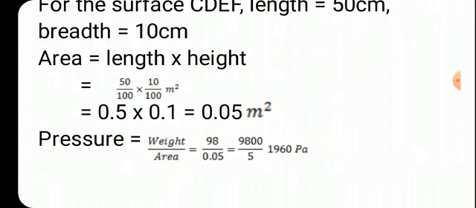Pressure is equal to weight upon area, 98 divided by 0.05. When the decimal point from denominator is removed, we will get numerator as 9800 divided by 5, and the answer comes as 1960 Pascal. So the pressure exerted by surface CDEF is 1960 Pascal.